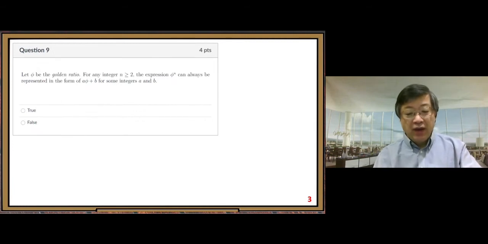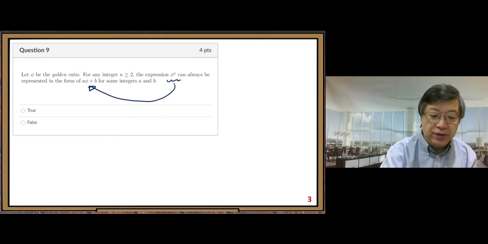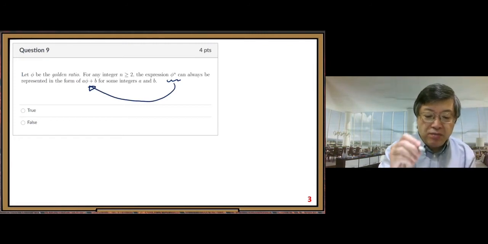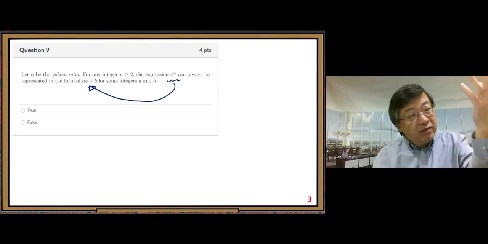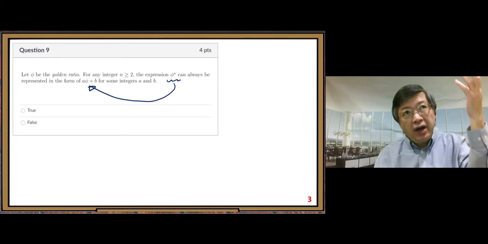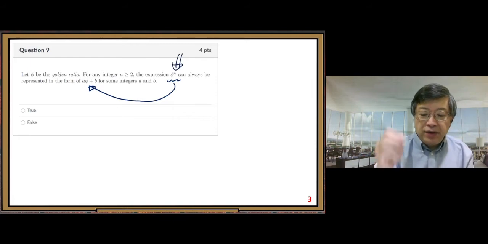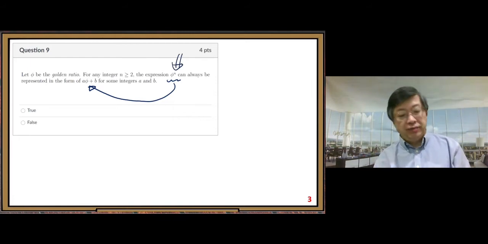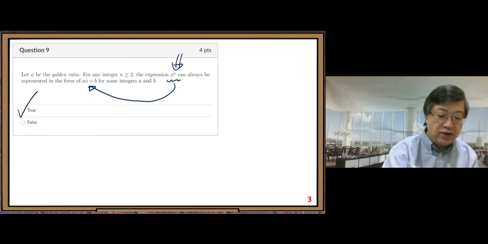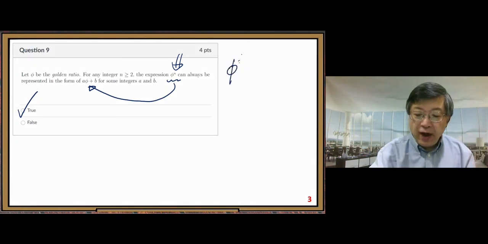We want to make this phi to the nth power into a phi plus b form, for some integers a and b, not necessarily positive, to represent any phi to the nth expression. The answer is true. But if you want to convince yourself, you need to see that phi to the nth can be represented as a phi plus b.